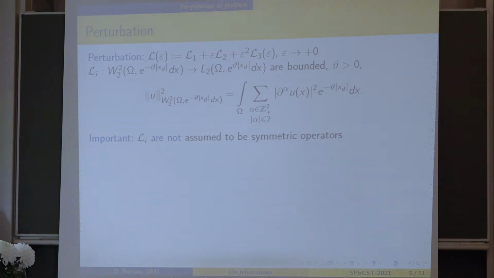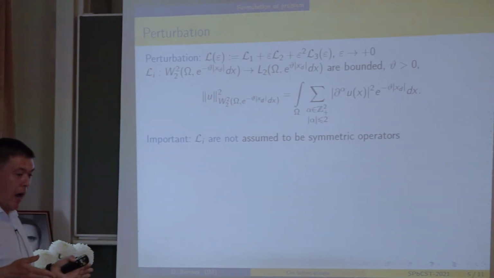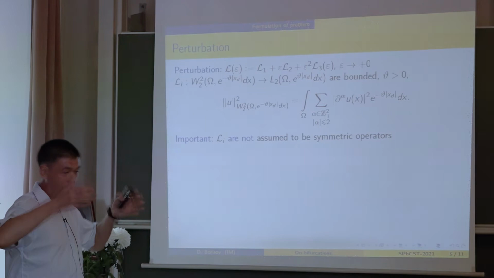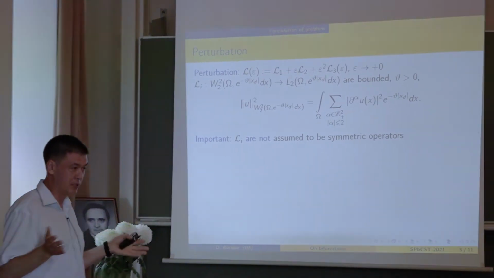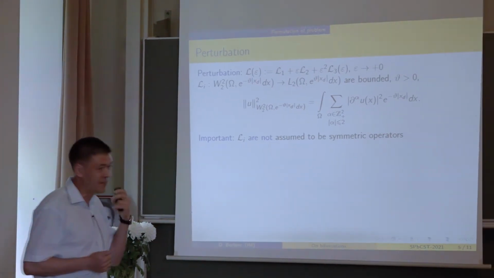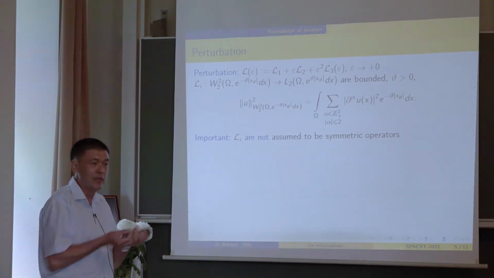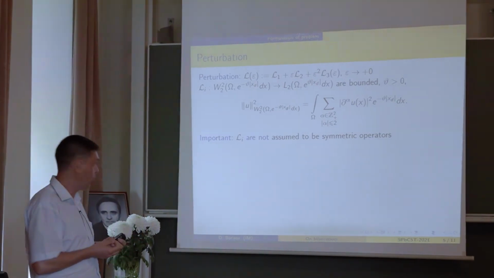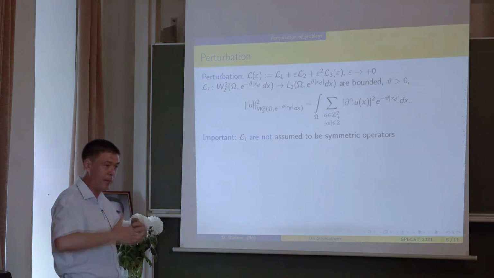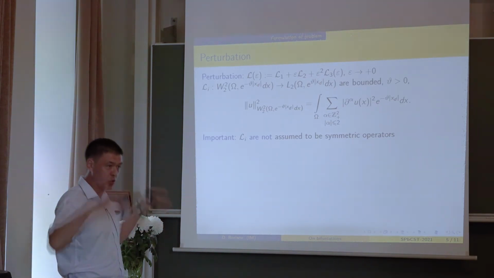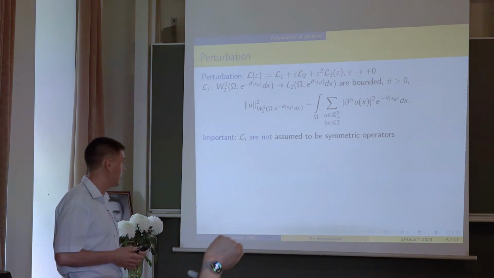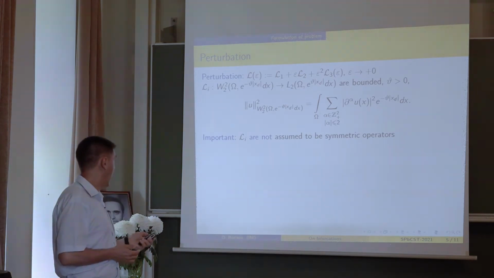If we think about a compactly supported potential, say as I showed in the beginning, then if I have a growing function and I multiply it by the compactly supported potential, then of course outside its support I shall have just 0. But I can even generalize in this sense the notion of being localized. So my abstract operator is localized if it maps exponentially growing functions into exponentially decaying functions.